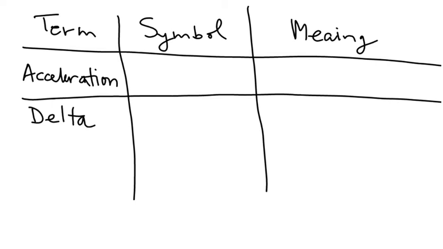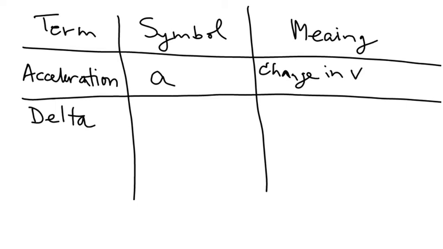It could be slowing down, or going from moving to stopped. Basically, acceleration means a change in velocity, and I'm just going to put V for velocity. The symbol for acceleration is A, because acceleration starts with an A.